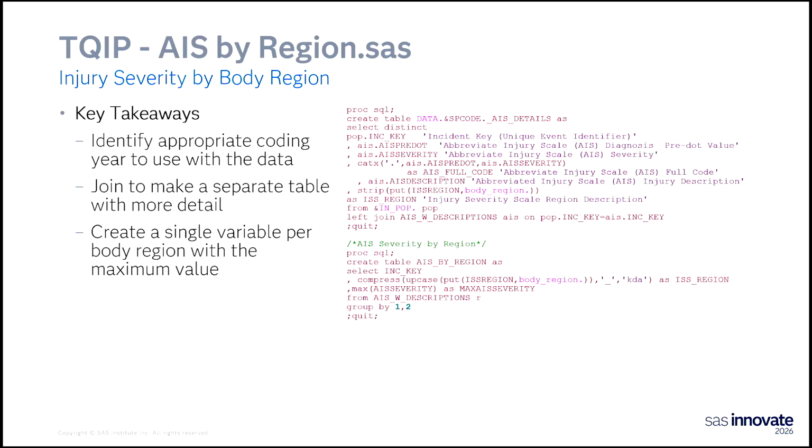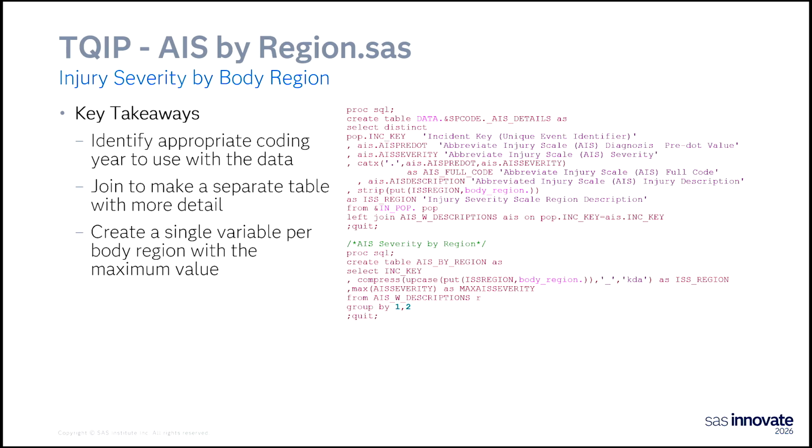Next is some of the more technical things, things that are super common in trauma research. For example, the AIS, which measures the severity of the injury. For whatever reason, they actually provide this initially in 12 separate variables, and then the most commonly used in literature is actually by body region, but that's not part of their approach for the 12 fields they provide.